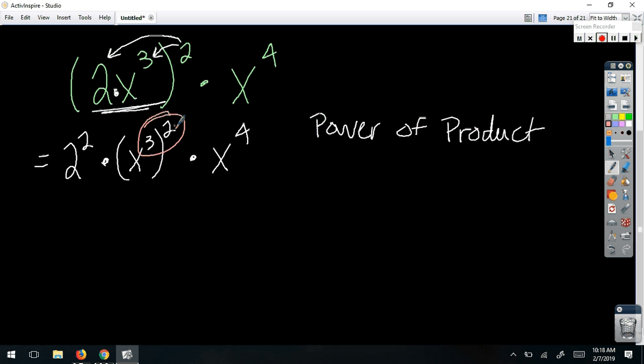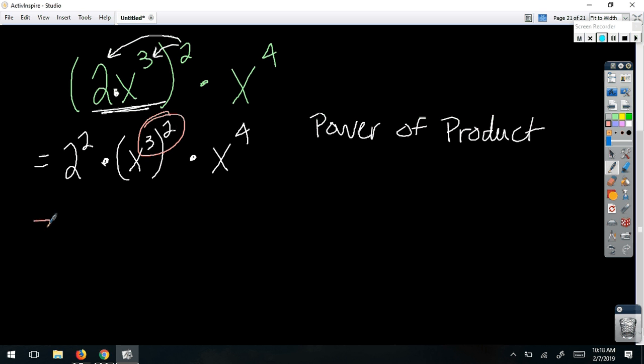Power of product means you're multiplying in the parentheses. Power of power just means you have one thing with 2 exponents. Yeah, the 2 and the x make it 2 different things in there. Maybe that's where that's confusing y'all.